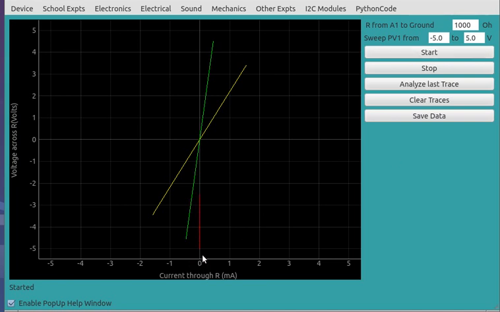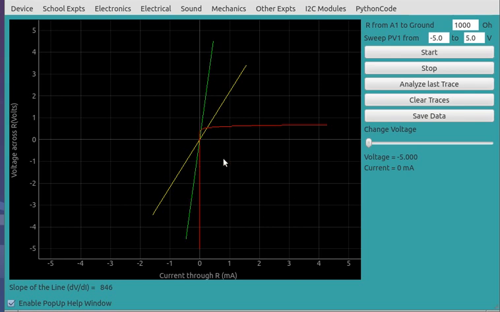You can see that the current is 0. Voltage is changing from -5, and when it reaches around say 0.6 volt, the current started increasing. So the resistor plots are linear, and this is not a straight line, this is non-linear. So you can say that the diode is a non-linear element. That means current and voltage are not proportional.